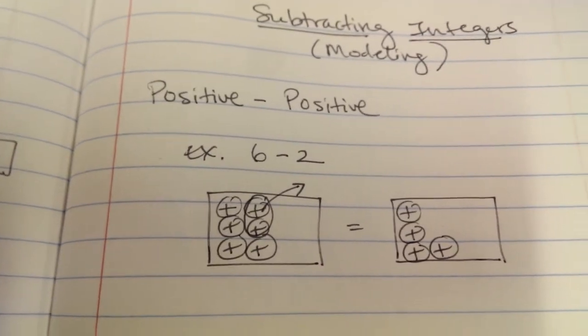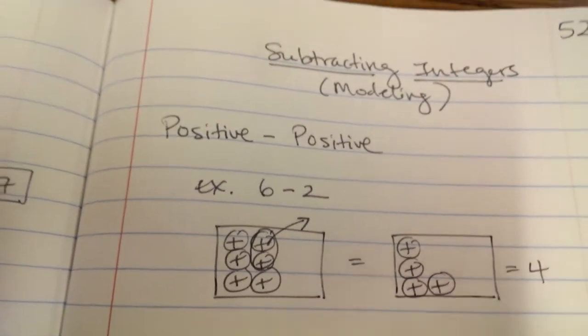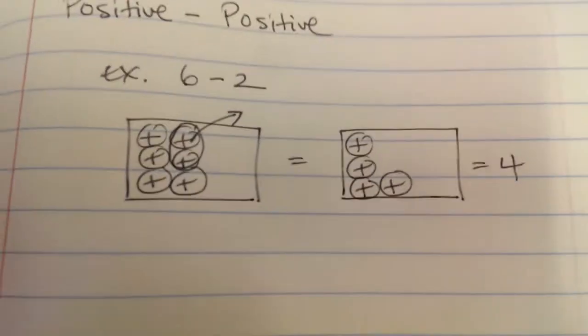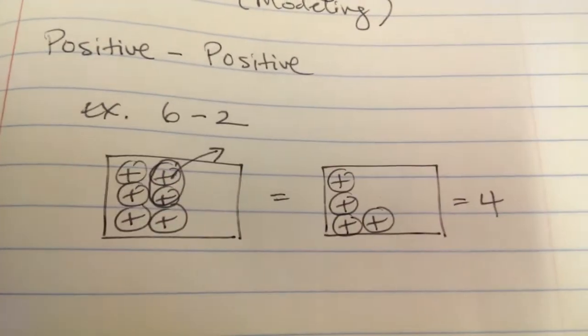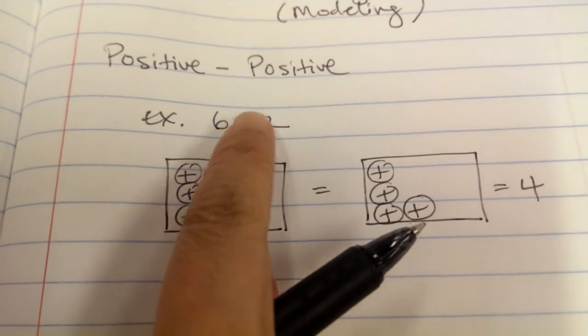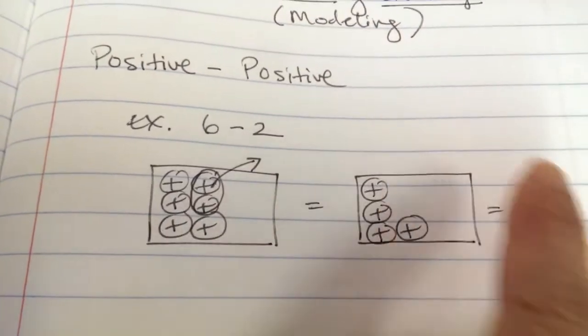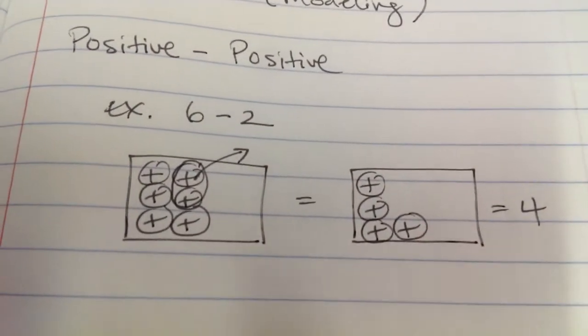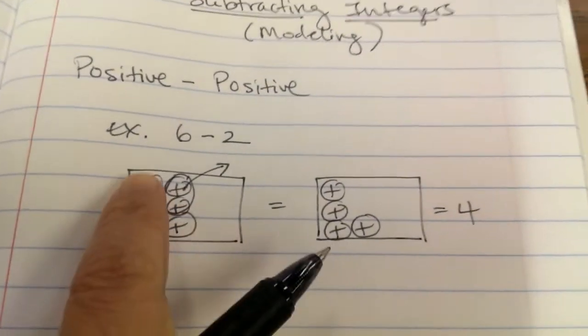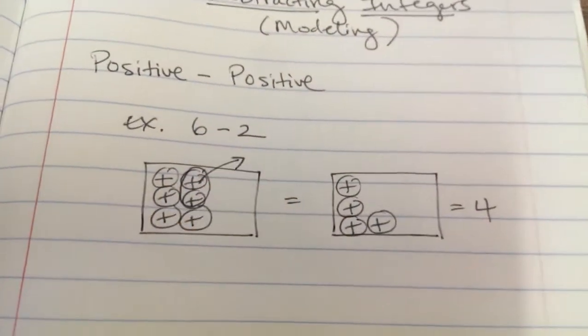We're going to take them out, and so we are left with what? 4 positives. And I know you guys already knew 6 minus 2 is 4, and this is why. Take away the 2, and you have 4. Now, in terms of money, it's like you have $6, and you have to take out 2, so then you're left with $4.